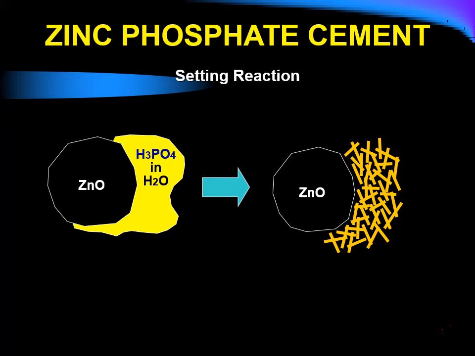Here we have to bear in mind that only the surface of each powder particle reacts with the acid, not all the particles are consumed in the reaction. There must be a core of zinc oxide particles remaining inside the matrix. Why? Because this gives strength to the set cement, as the formed matrix is weaker than the original zinc oxide powder.